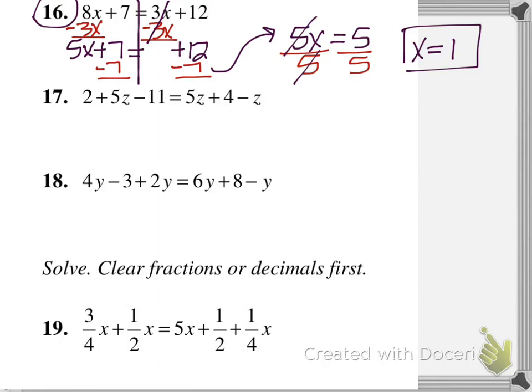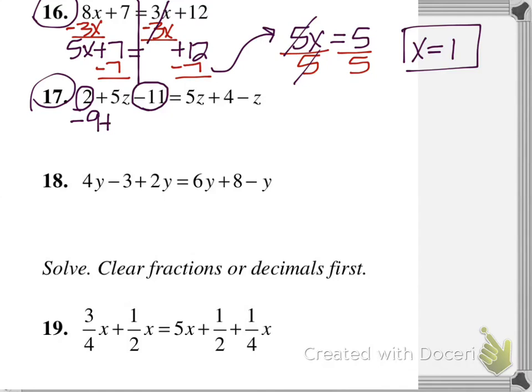Sometimes you can combine like terms, like this next one, number 17. On the left side, I see 2 and a negative 11, so I can combine those. I have a 2 and a negative 11. Those combined is negative 9.